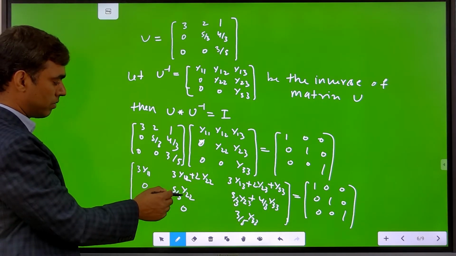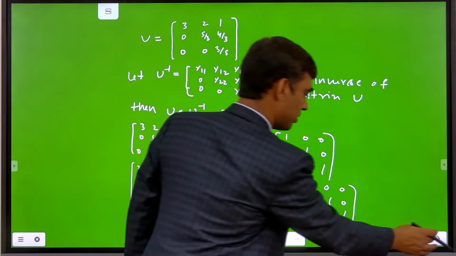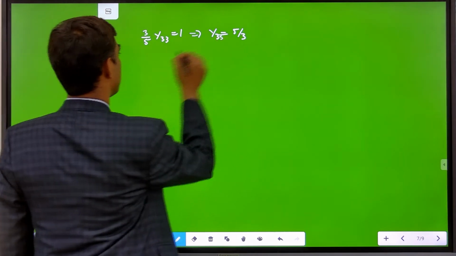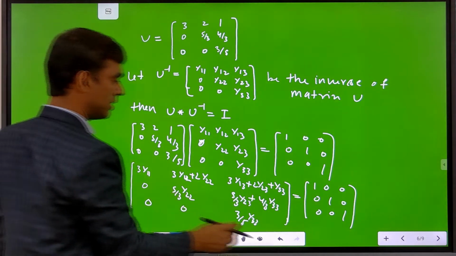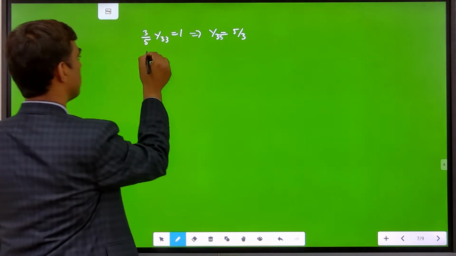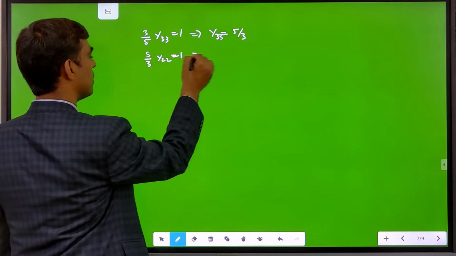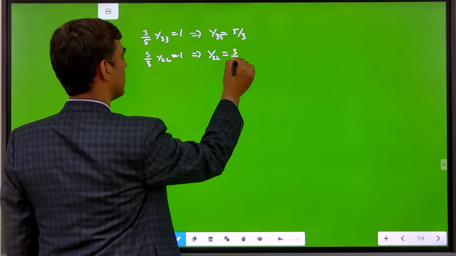Similarly, what is the value of second row second column, y22? Here we compare 5/3 y22 equals 1. This implies that y22 is equal to 3/5.